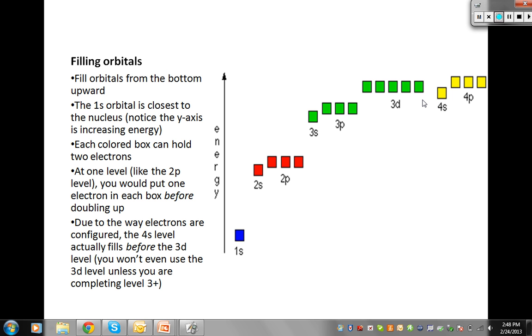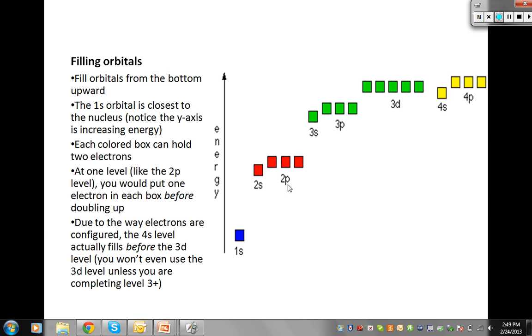And you can even find periodic tables that will break the table down into S blocks, P blocks, D blocks, and F blocks. By the way, I don't think I said, don't worry about the shape of these orbitals. S orbitals look kind of like a sphere, and some people remember S and sphere.